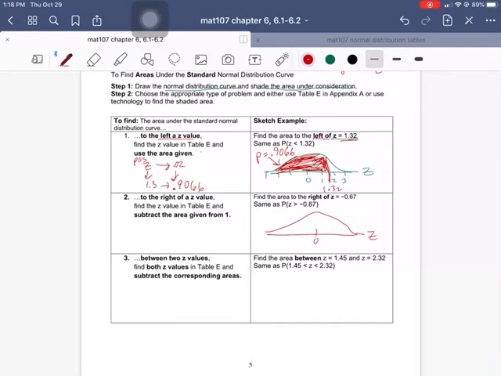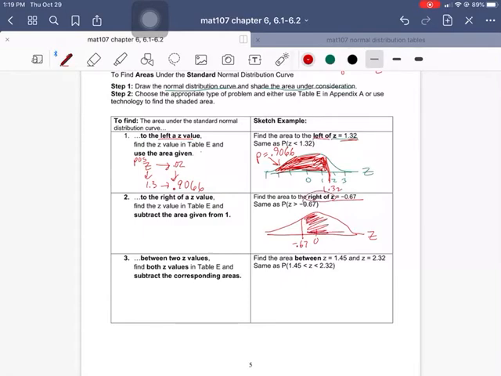So if you want to the right of this, don't worry about the accuracy of your drawing, but know that the negative numbers are to the left, right? So you got to put 0.67 down here, but then it says you're shaded to the right.